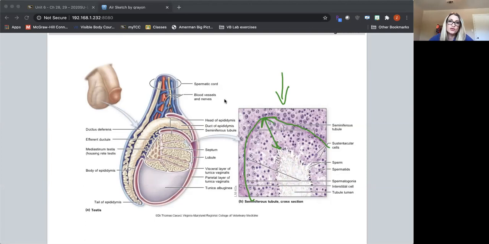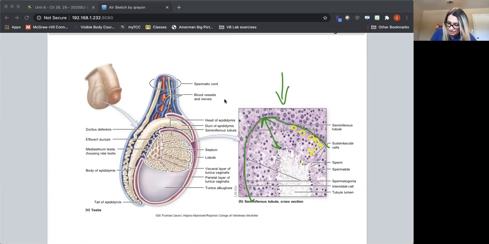So the seminiferous tubules are rather thick. The Sertoli cells are large, and we notice that the cells towards the outer part of the tubule tend to be larger, and then they get smaller and smaller as we move this way. And then ultimately they become sperm.